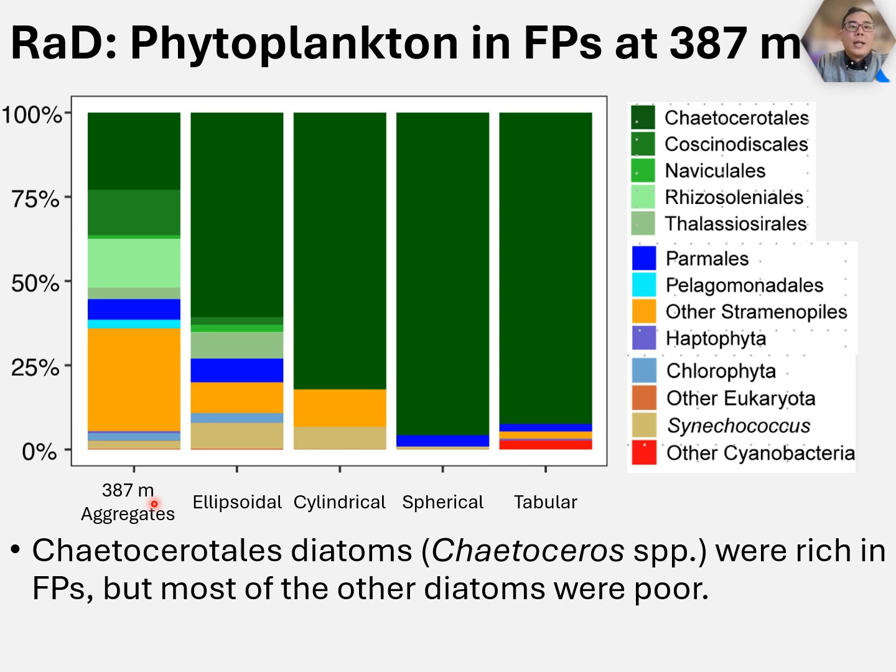As we can see, Chaetoceros cells, the dark green one, are dominant in every type of fecal pellet. The other diatoms are high in the aggregates, but low in the fecal pellets, except for Trachyneis of ellipsoidal pellets.